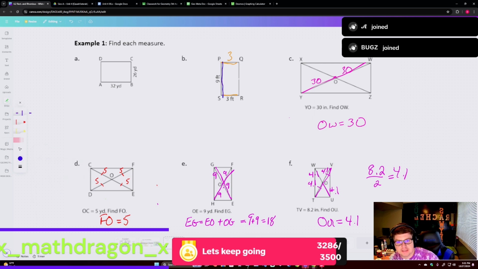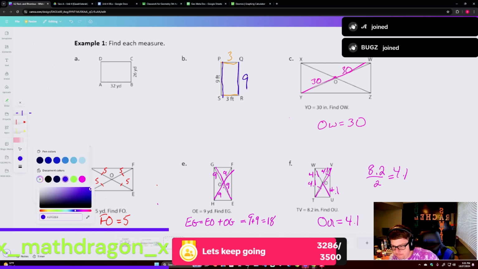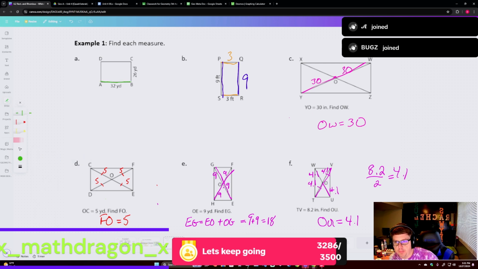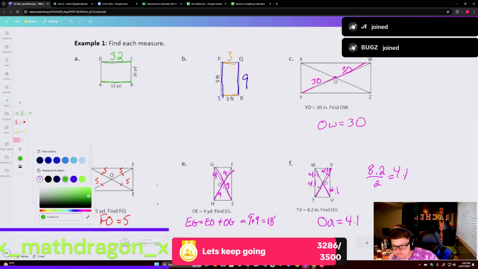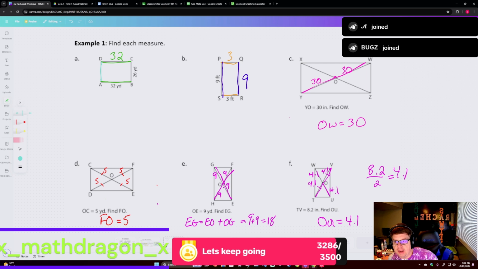If PS is 9, QR is 9. Get a darker green. If AB is 32, DC is 32. If DA is 26, then BC is 26. So that's using some of the definition of a rectangle to answer these questions.